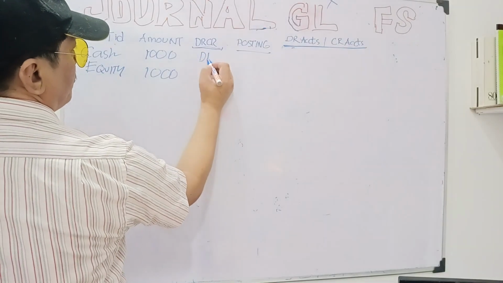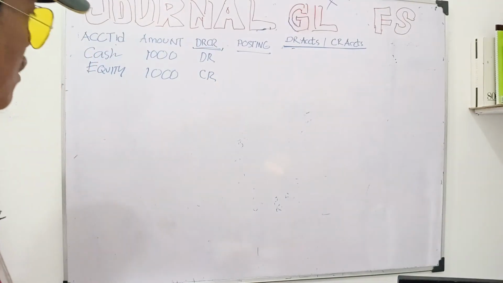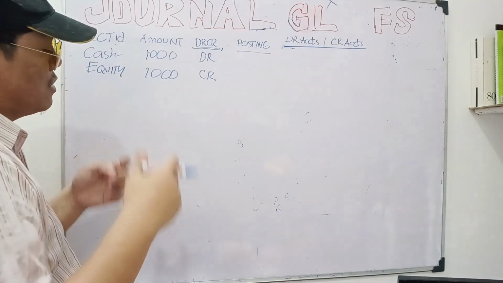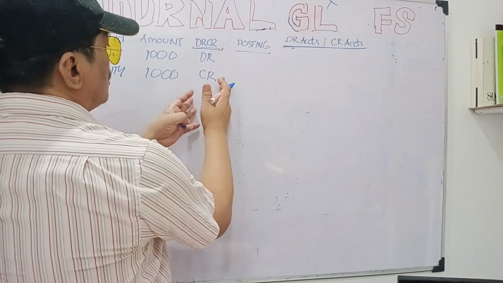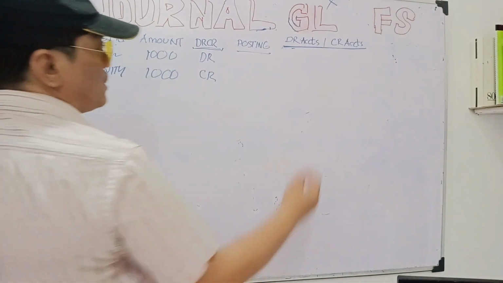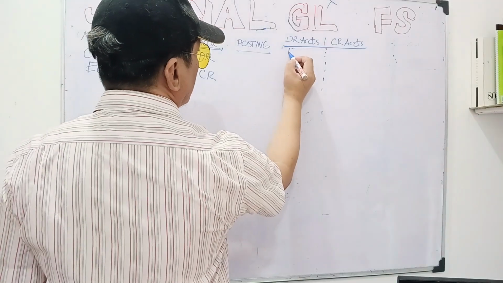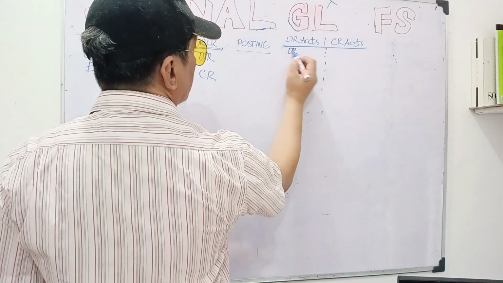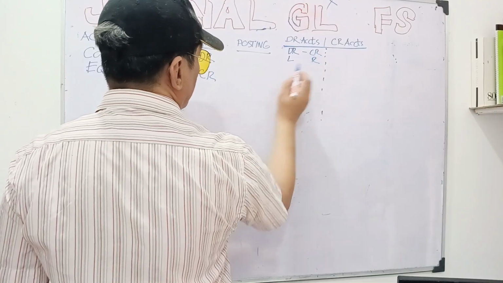So debit and credit. Instead of the indentation that we have in basic accounting, we will use this column to indicate if it's a debit or credit. For non-accountants, it's just simple. Debit simply means left, and credit simply means right.